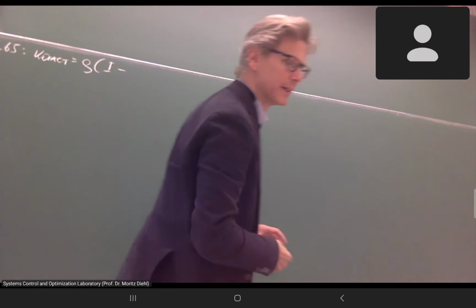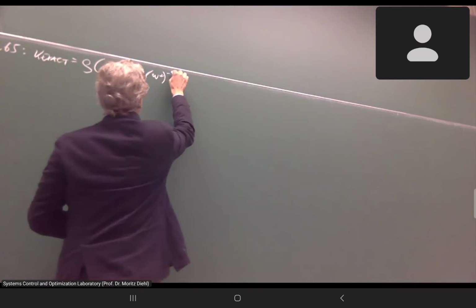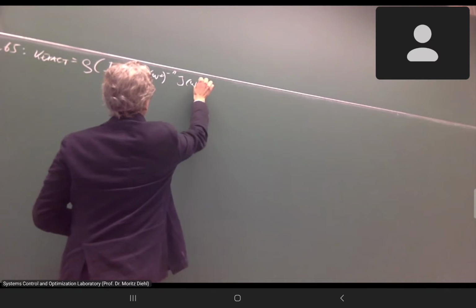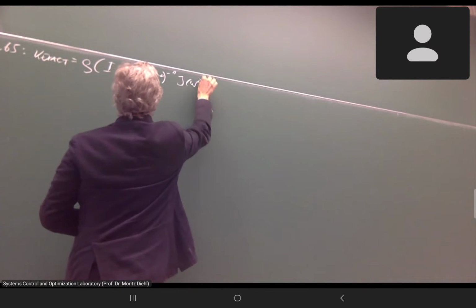Okay, but maybe I wait for other questions, but I will answer it. Kappa exact equals the spectral radius of the matrix minus, and then we had this M. That's the formula.